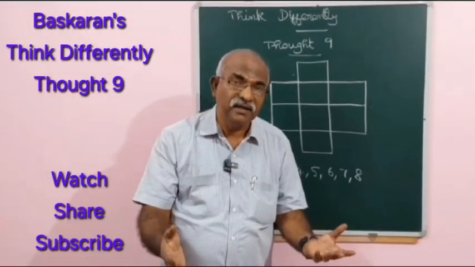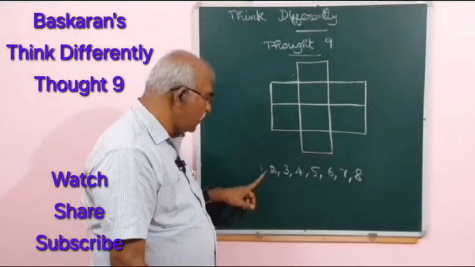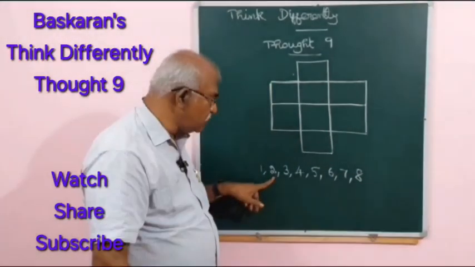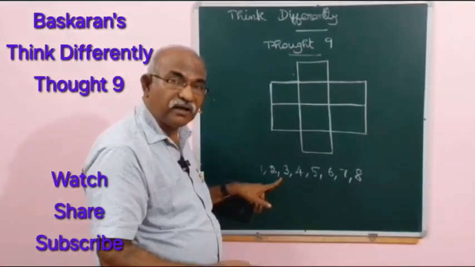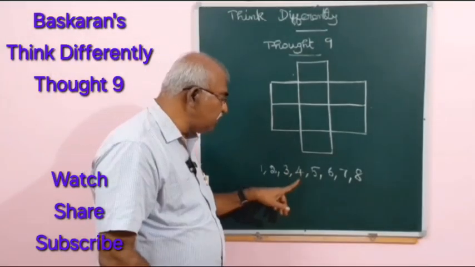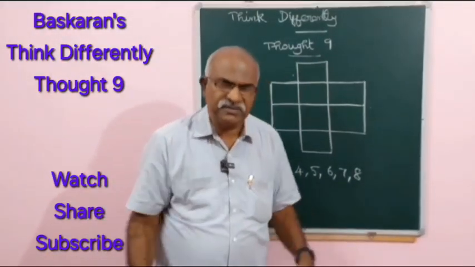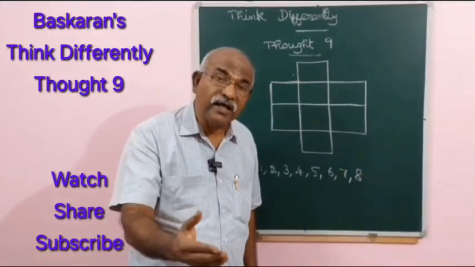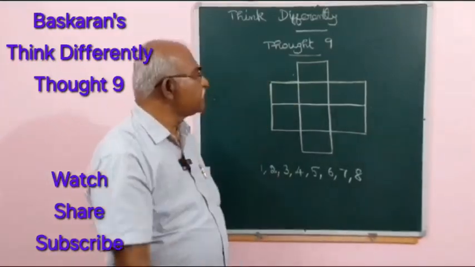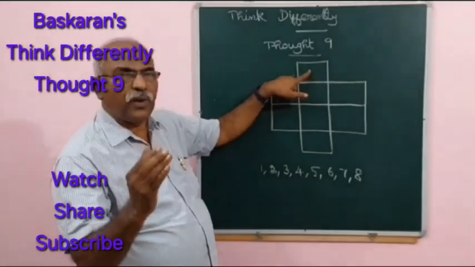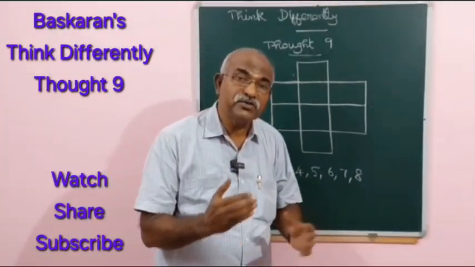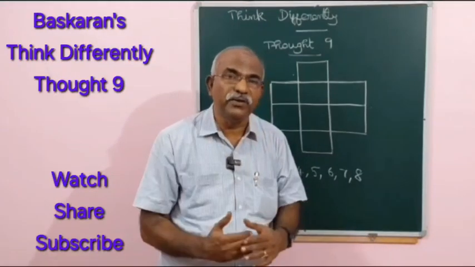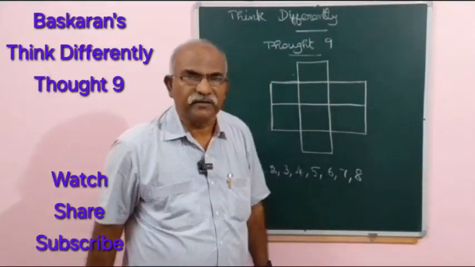Successive numbers? What are successive numbers? 1 and 2 are successive numbers. 2 and 3 are successive numbers. 3 and 4 are successive numbers and the like. And what are neighbouring squares? For any square, a square which comes above or below it is a neighbouring square.